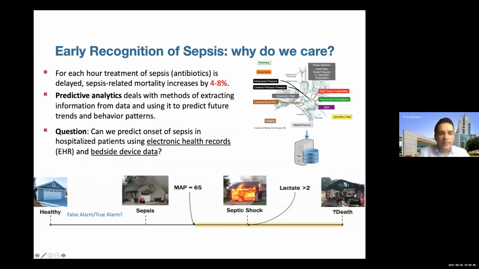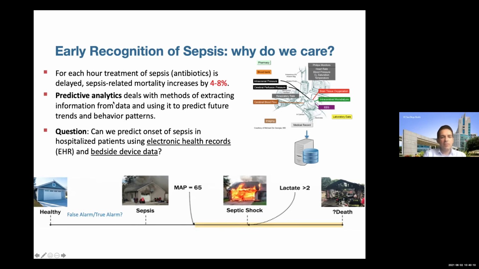In the case of sepsis, we specifically know from some retrospective analyses that if you could catch sepsis early, you could save lives. For every hour that antibiotic treatment of sepsis is delayed, mortality increases by 4 to 8%.